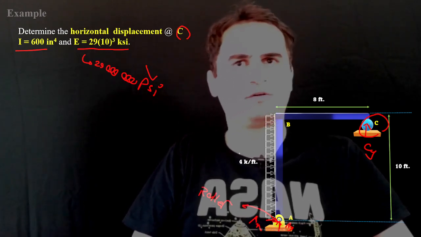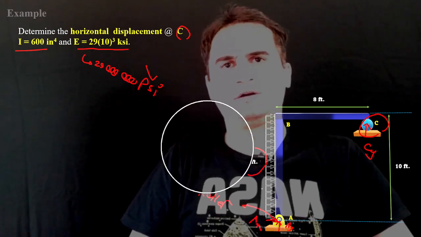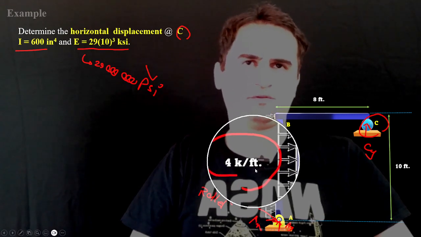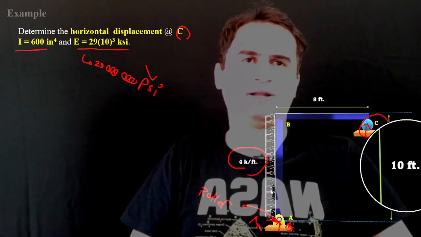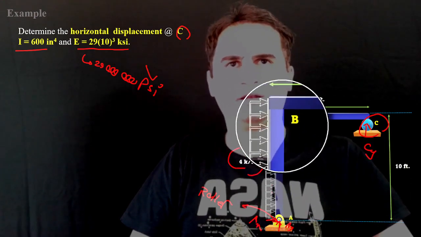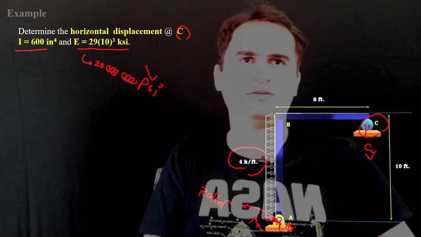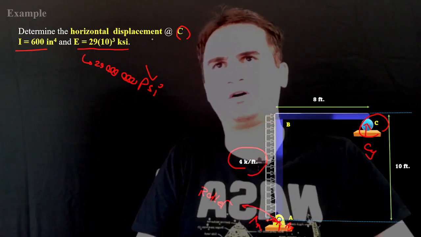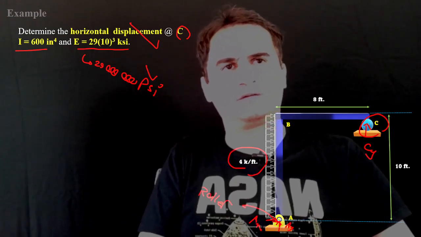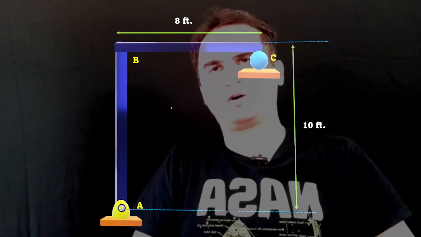In the vertical part of our frame, there is a distributed load with an intensity of 4 kip per foot applied over the 10 foot length of AB, and the other part, BC, has a length of 8 feet. We want to calculate the horizontal displacement of support C. Let's see how we can approach our problem.